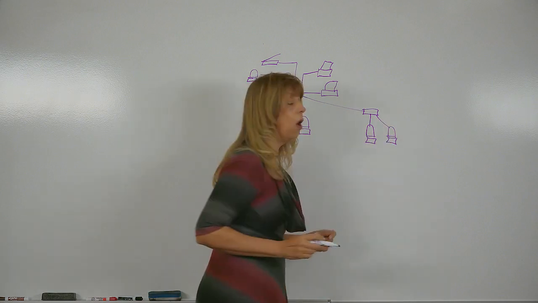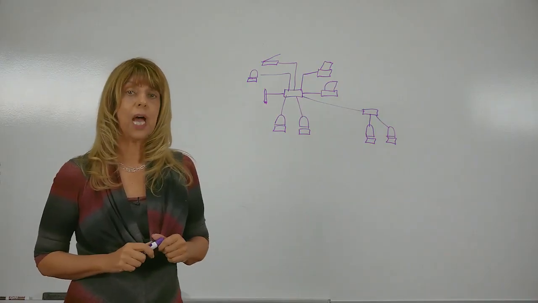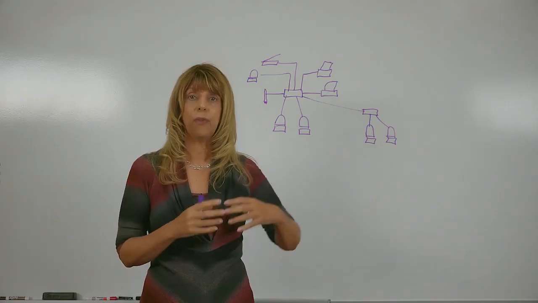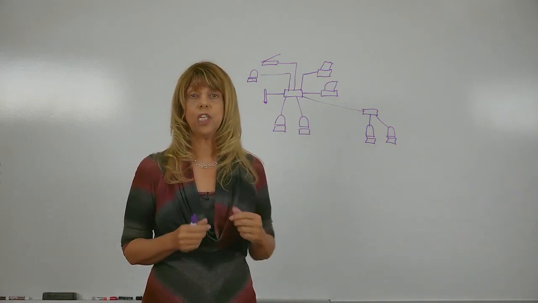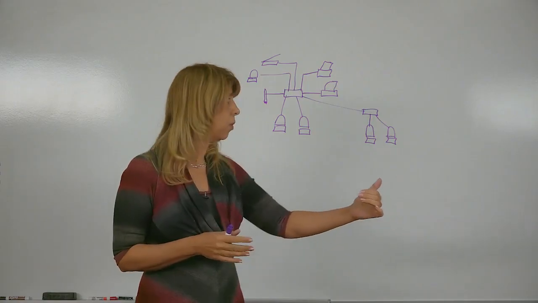This is true of your home network, but it's also true of enterprise networks. Many times businesses of all different sizes don't think about how they're creating their network. They just allow it to grow as they need more devices on the network.